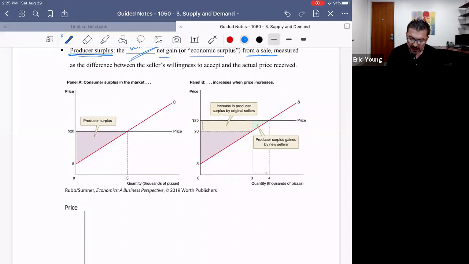We define producer surplus as the difference between the price that they would be willing to accept and the actual price that they get. The actual price is pretty easy, that's just price. The price that they're willing to accept is typically going to be the marginal cost of production in a competitive market.